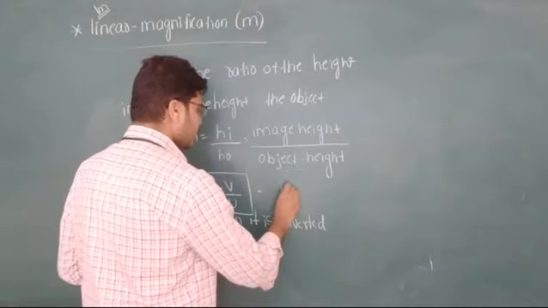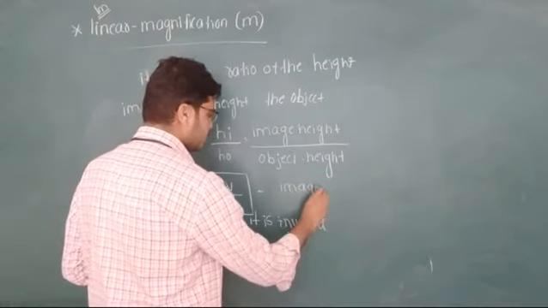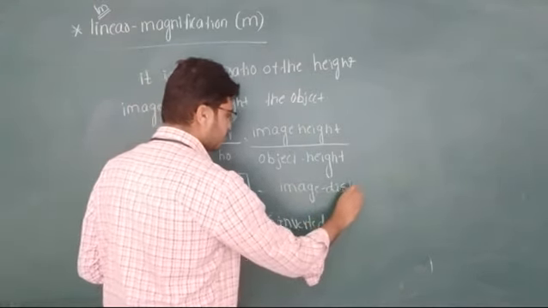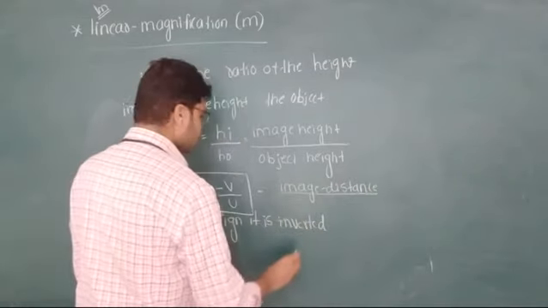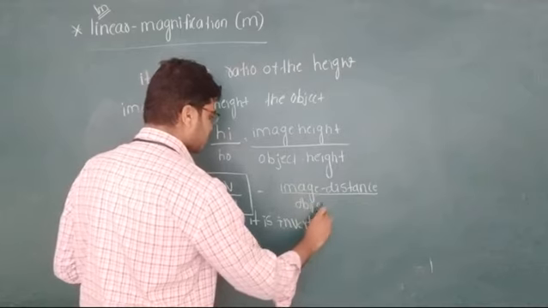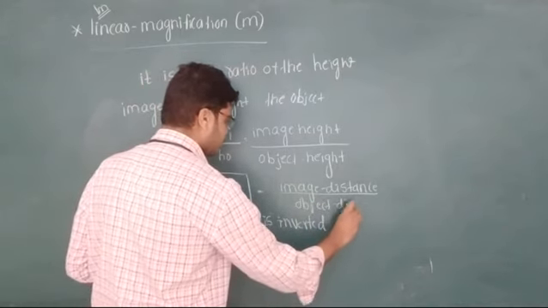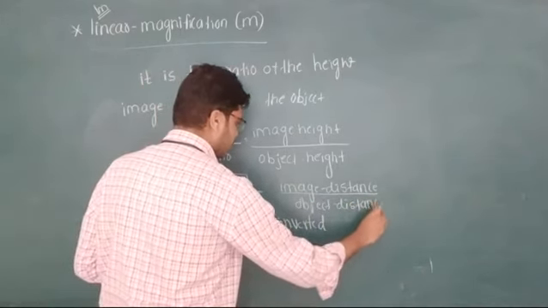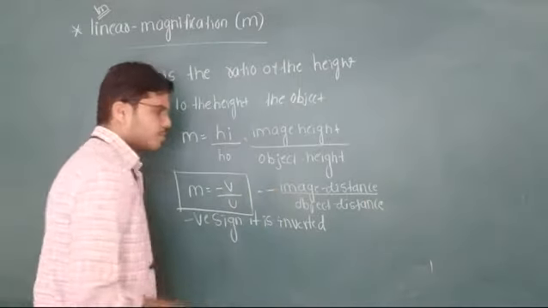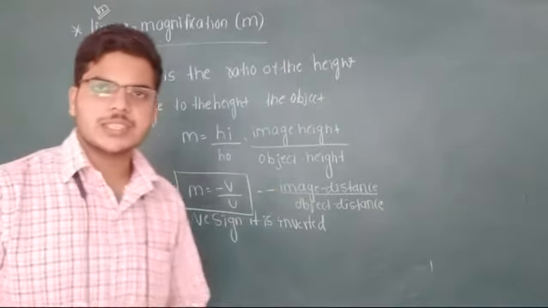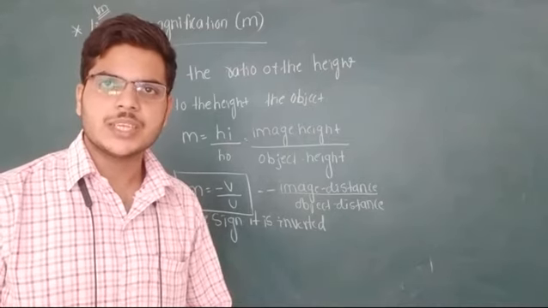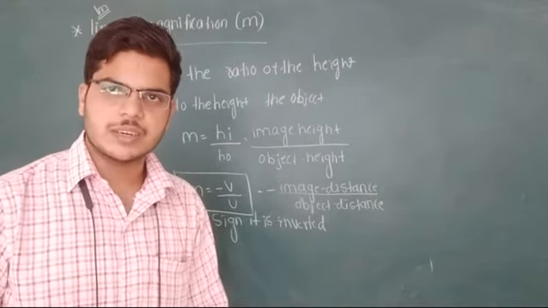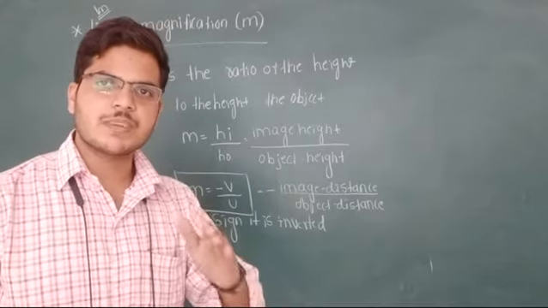That is image distance, divided by u, the object distance. Here is a negative sign. By knowing the image distance and the object distance, we can calculate the linear magnification. Is it clear? Minus v by u.